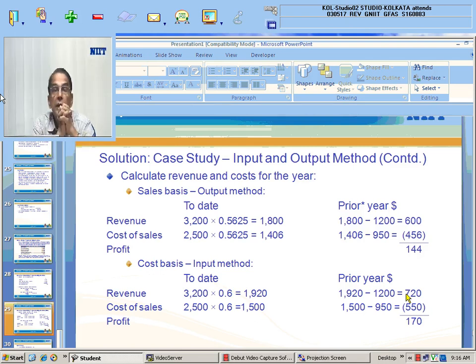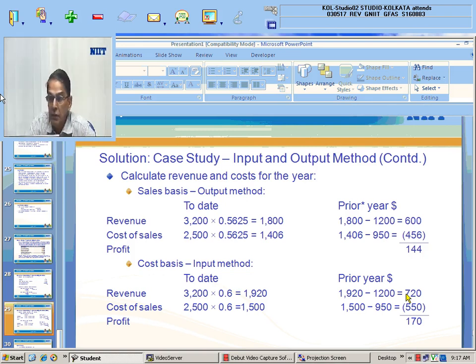I hope this example makes it very clear to you how revenue under a contract which is a single performance obligation and satisfied over a period of time has to be recognized using the output method as well as the input method. Any questions you can raise at this point of time.